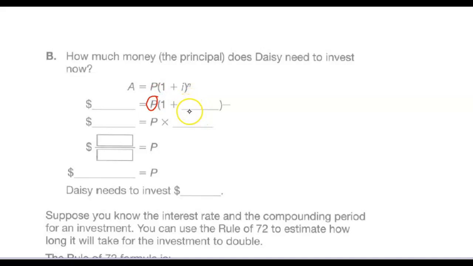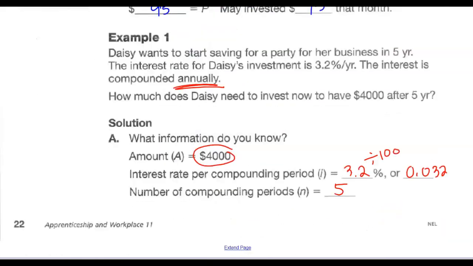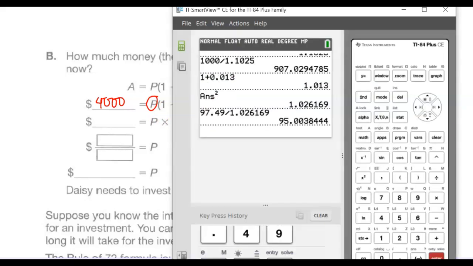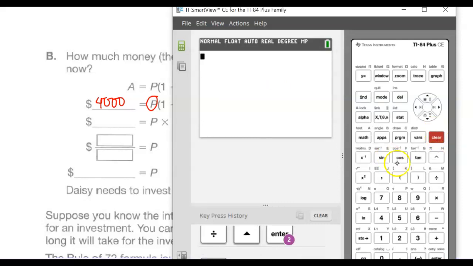And so here we're told the interest rate was 3.2, so this is 0.032, and the final amount was 4,000. And the exponent here was 5 years. So much like the last one, we're going to enter that into our calculator. Maybe I'll do it all at once.